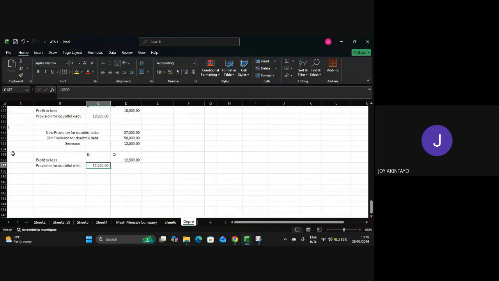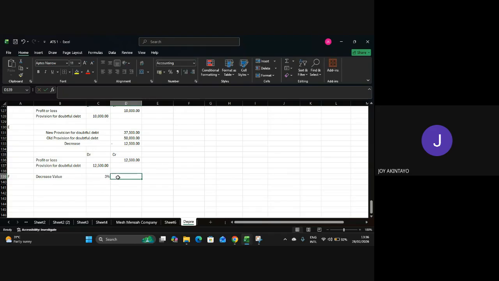We need to determine our decrease in value. So we are moving to F. Our decrease value will just be 3% of our trade receivable.